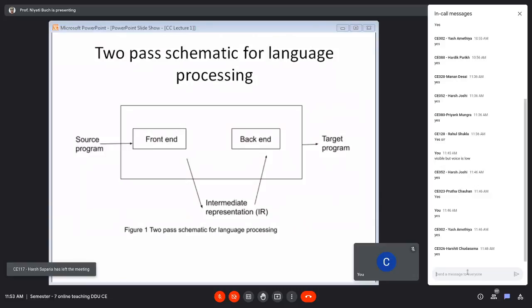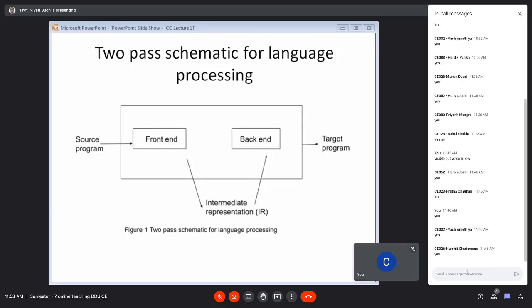Calling one part a front end and the second part a back end, and in between is our intermediate representation. So the intermediate code generation that we do is going to be in between the front end and the back end.